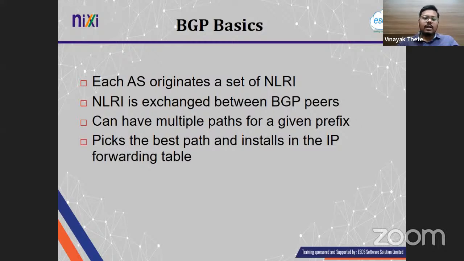Then in my routing table, the route will be installed using all four links, all four neighbors. But out of the four, only one neighbor will be preferred, which is calculated as the best path, and that route is installed in my IP forwarding table.